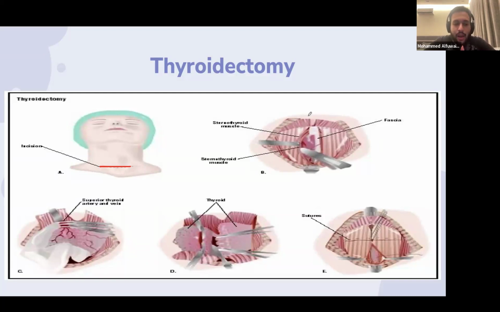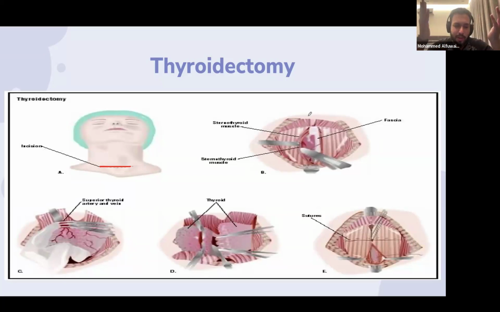What is that nerve, if you remember, around the thyroid? The recurrent laryngeal nerve. This is very important in thyroidectomies, because you might injure the recurrent laryngeal nerve, which leads to hoarseness of voice. Bilateral injury would lead to vocal cord paralysis. So that's the recurrent laryngeal nerve.